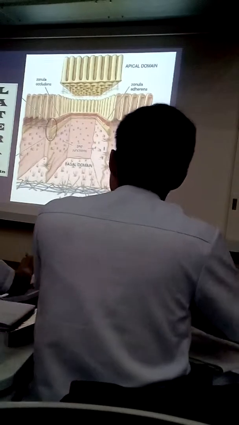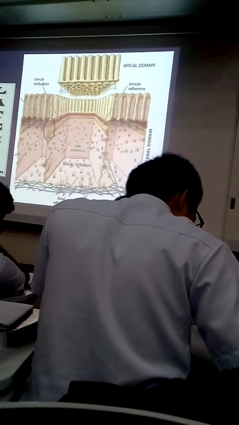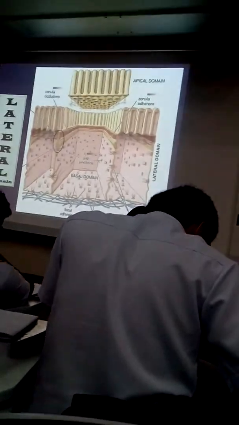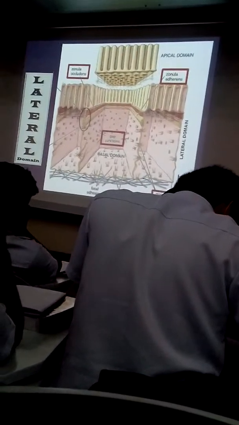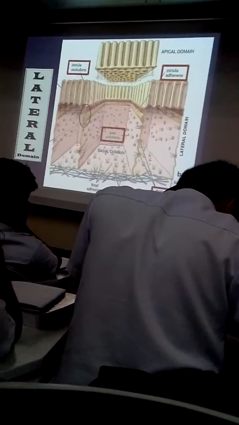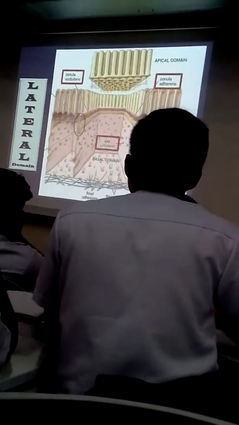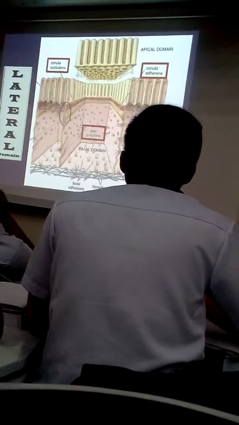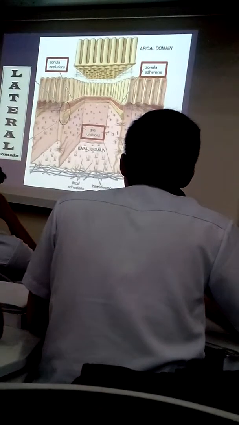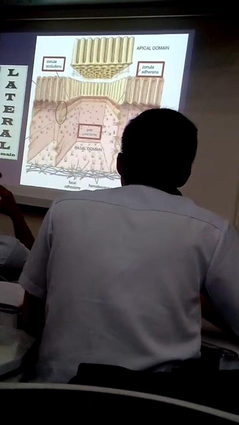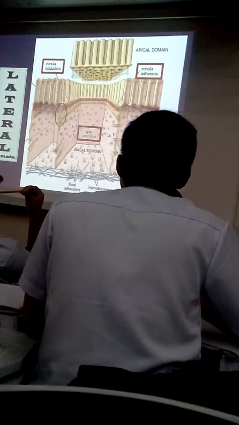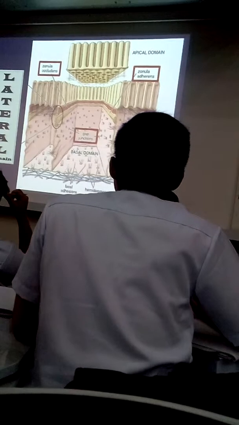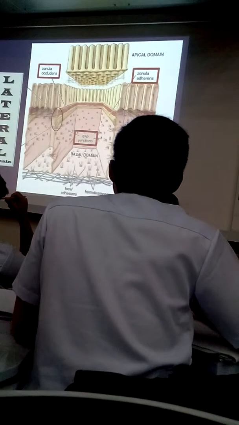So, lateral domain. What are the important things that you have to note in the lateral domain? At the very top, we have the tight junctions or the zonula occludens. Below it, you have the zonula adherens, and then the macula adherens, which you would also call desmosomes.